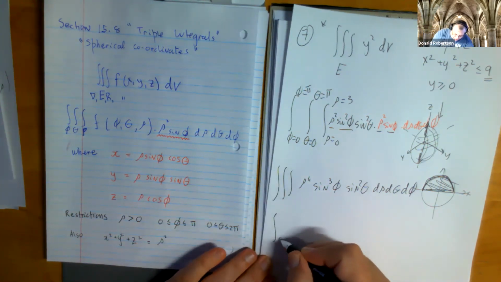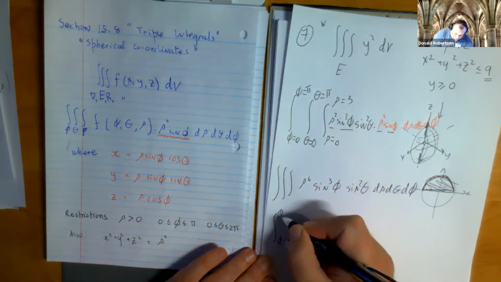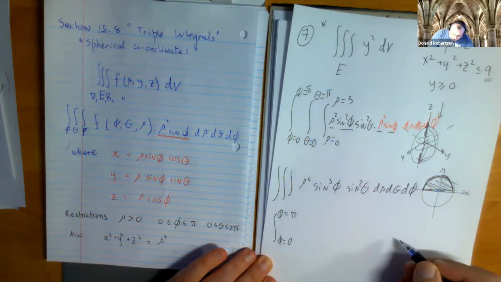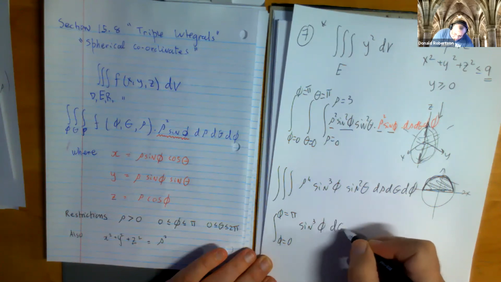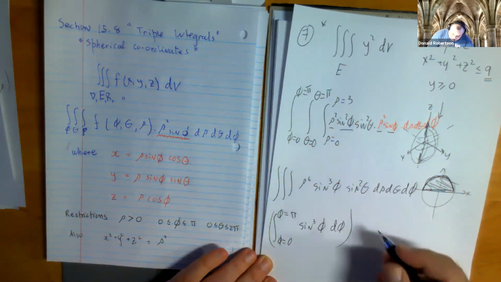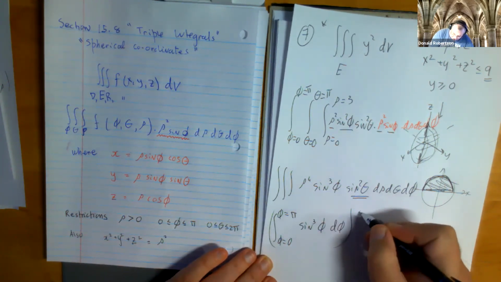Variable separable. And the phi ends up being sine cubed. The theta is actually here for a change.